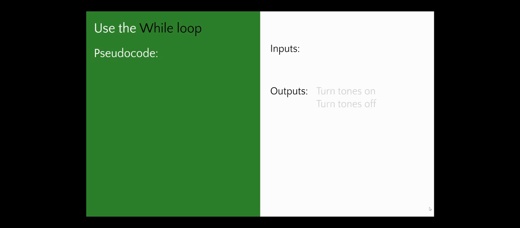So the pseudocode for this: we want to turn the tones on and then turn the tones off. Those are our outputs. For this to happen, we either shake our microbit to turn the tones on, or press A to turn the tones off. So our pseudocode: on shake, play two tones.